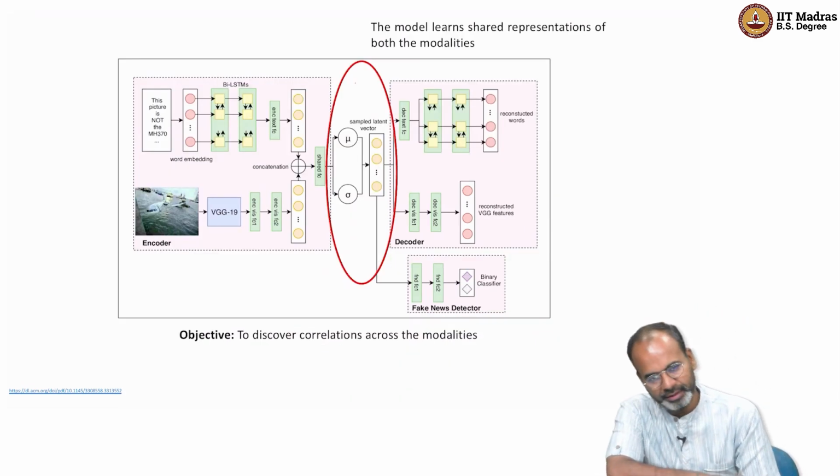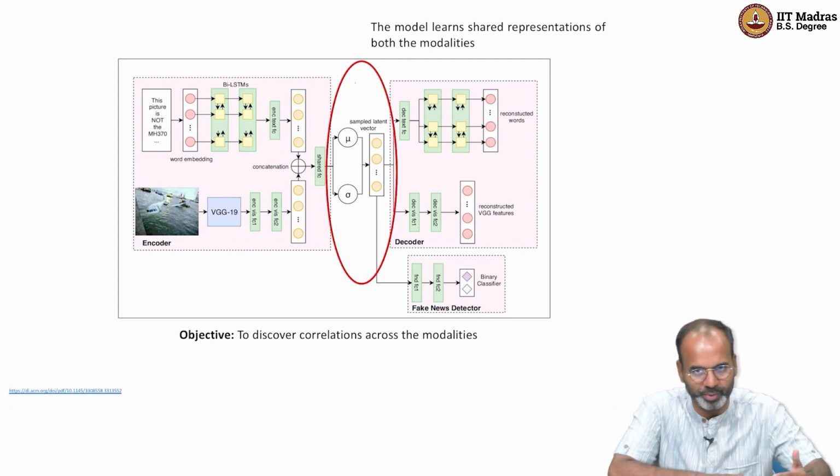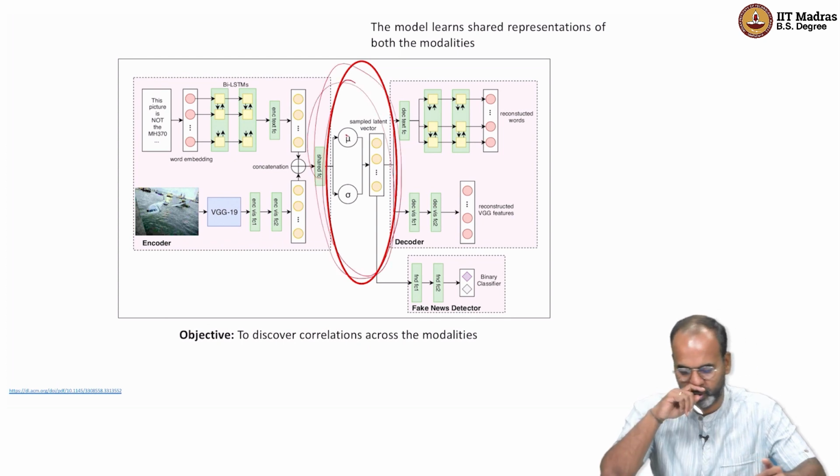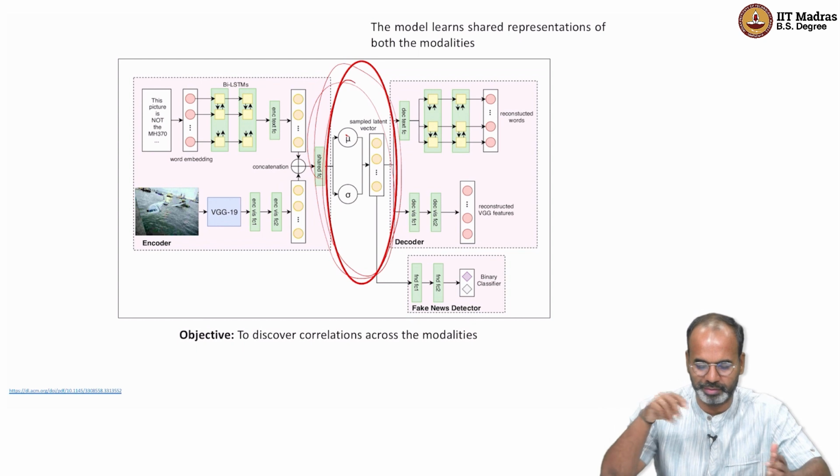Correlations across modalities. So you want to make sure that you understand how to merge, how to put together the features that you're getting from text and image. That's the part this is doing. The model learns a shared representation of both the modalities. It learns from the input of images, input of text that is given.